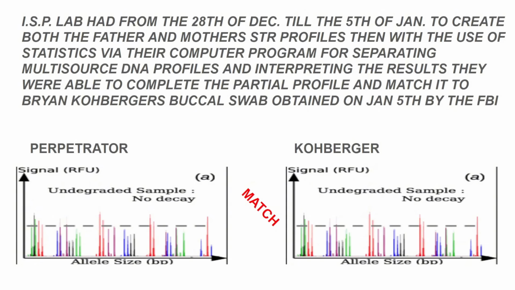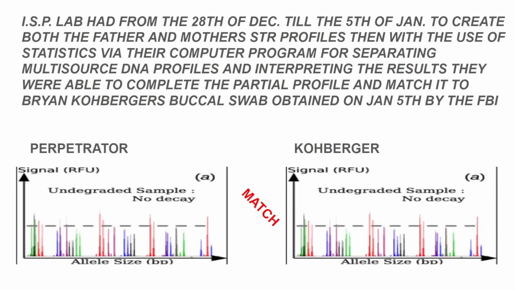But as you can see, by taking that partial sample and completing it with Kohberger's mother and father's alleles, they could then match it to the knife sheath. That is my opinion, speculation of what took place as it relates to the STR profile match.